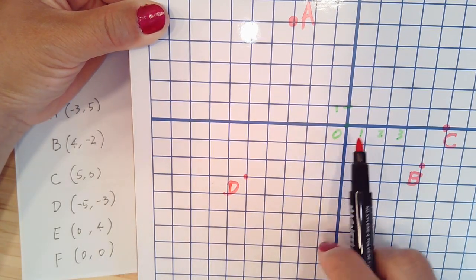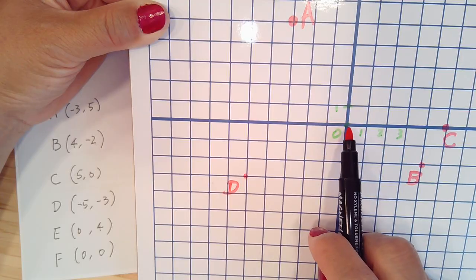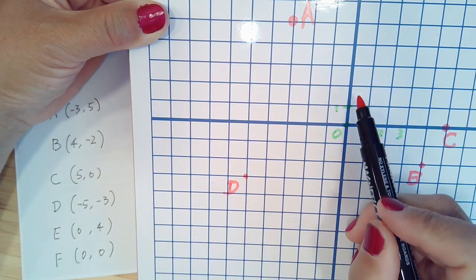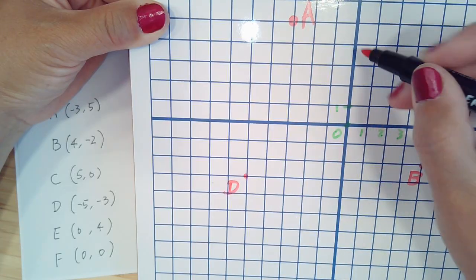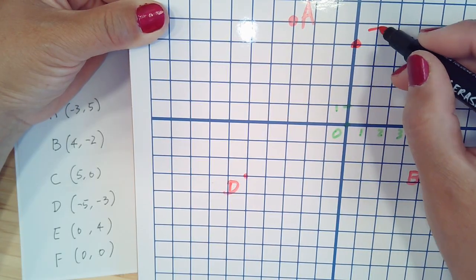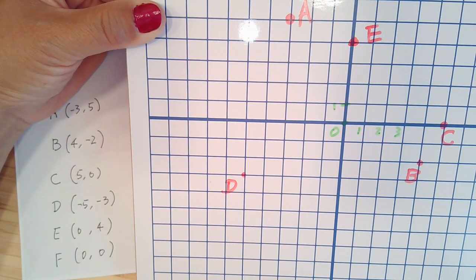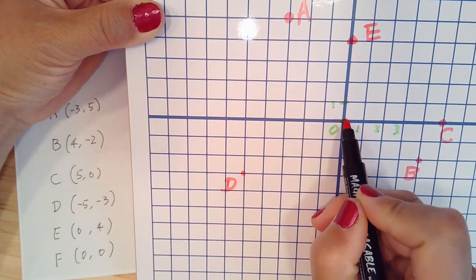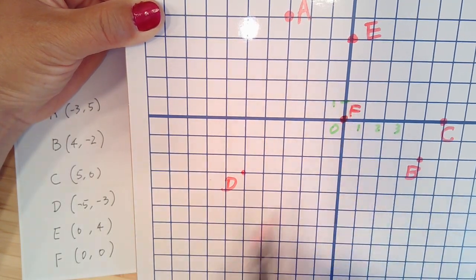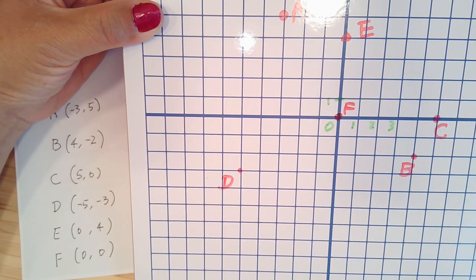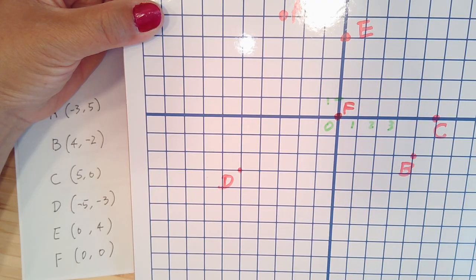When the x-coordinate is 0, I know it's going to be a point on the y-axis. 4, I go up by 4: 1, 2, 3, 4. So here is my point E. And the last one, point F, is (0, 0), and that's very easy. It's just right here. So that's how you locate or plot those points.